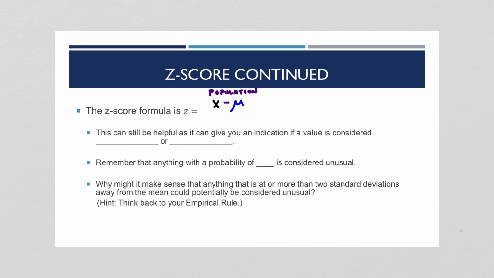Remember that we use mu to denote the population mean. And we're going to divide this entire subtraction by our population standard deviation, sigma.